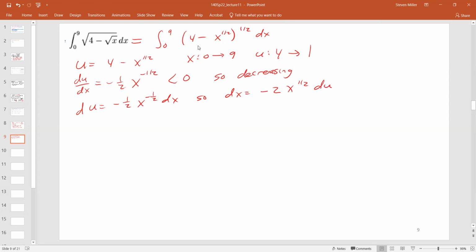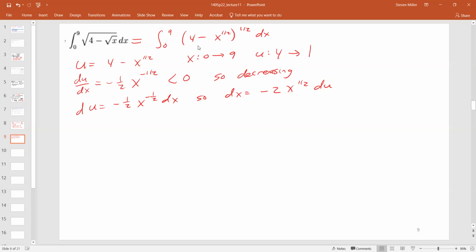Right? Is everybody comfortable with that? I just multiply both sides by 2x to the 1/2. The problem is I can't have 2x to the 1/2 du. I'm getting rid of x and replacing x's with u's. So I have to replace x to the 1/2 with u.